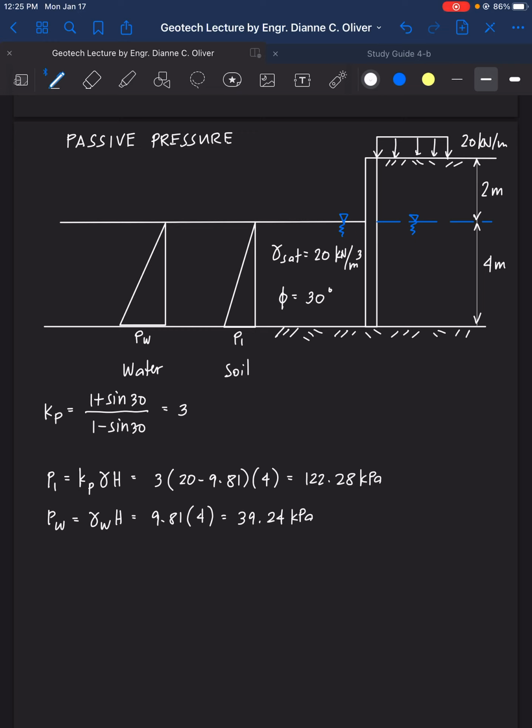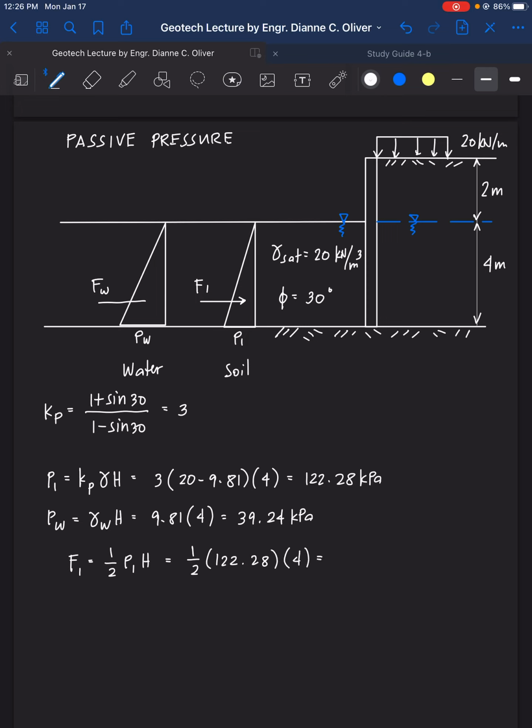Then let's compute for the forces. So we have force 1 and force water. For force 1, we have 1/2 base times height. So 1/2 base is 122.28. The height here is 4.